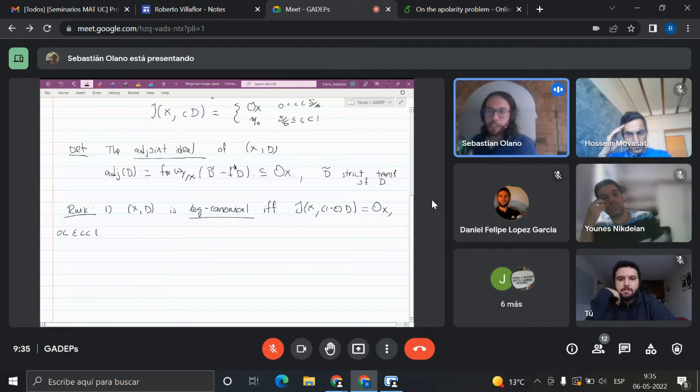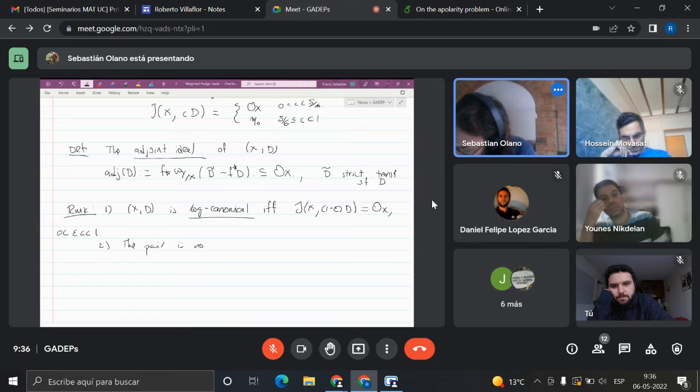So these multiplier ideals are capturing these kinds of singularities. The other thing is that D is normal and has rational singularities if and only if the adjoint ideal is trivial.